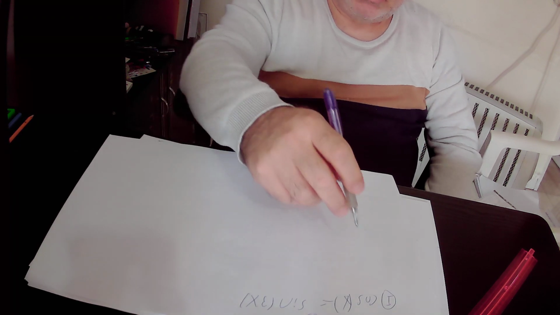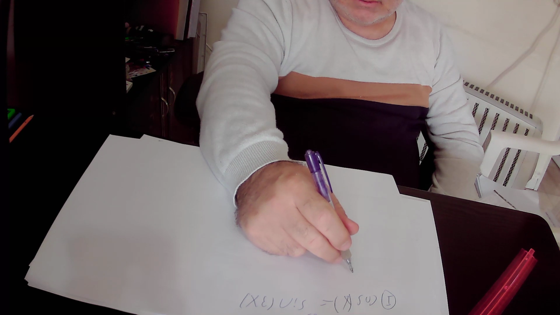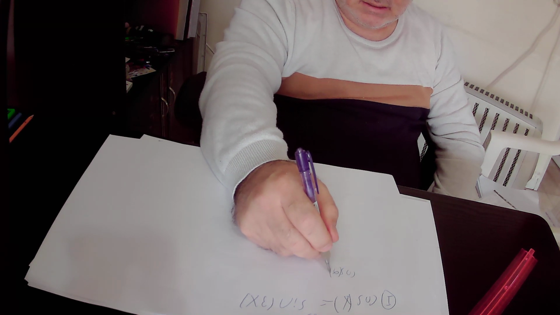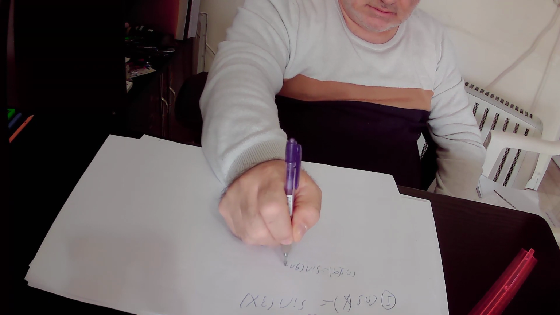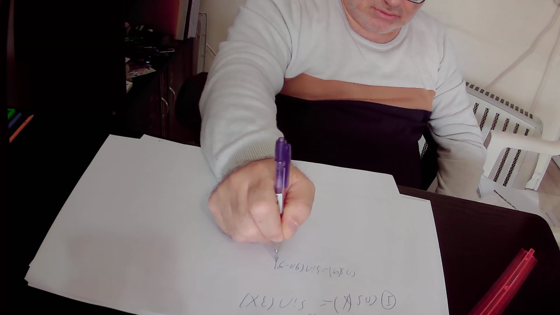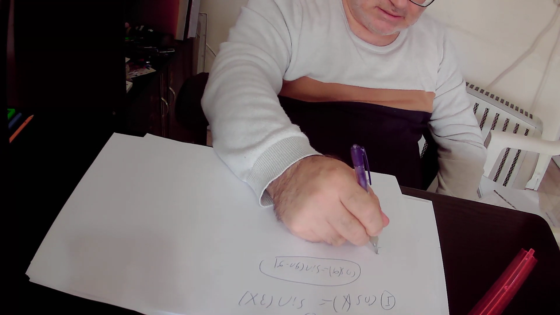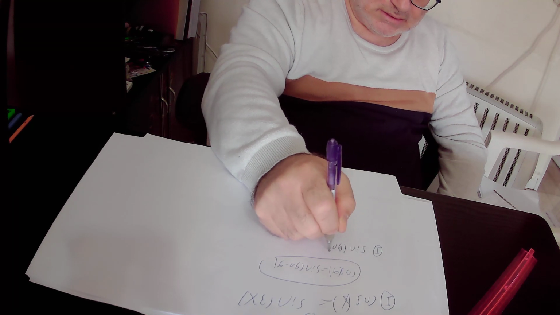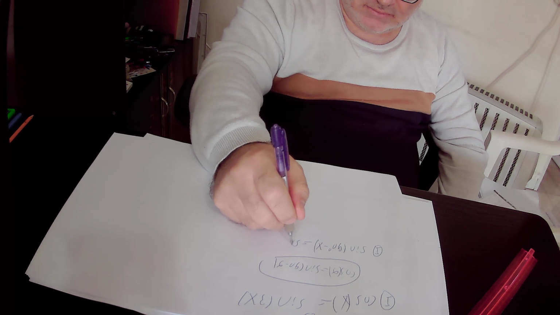We have the trigonometric identity that states that cosine alpha equals sine 90 degrees minus alpha. According to this trigonometric identity, we will get that cosine x equals sine 90 degrees minus x, and it equals sine 3x.